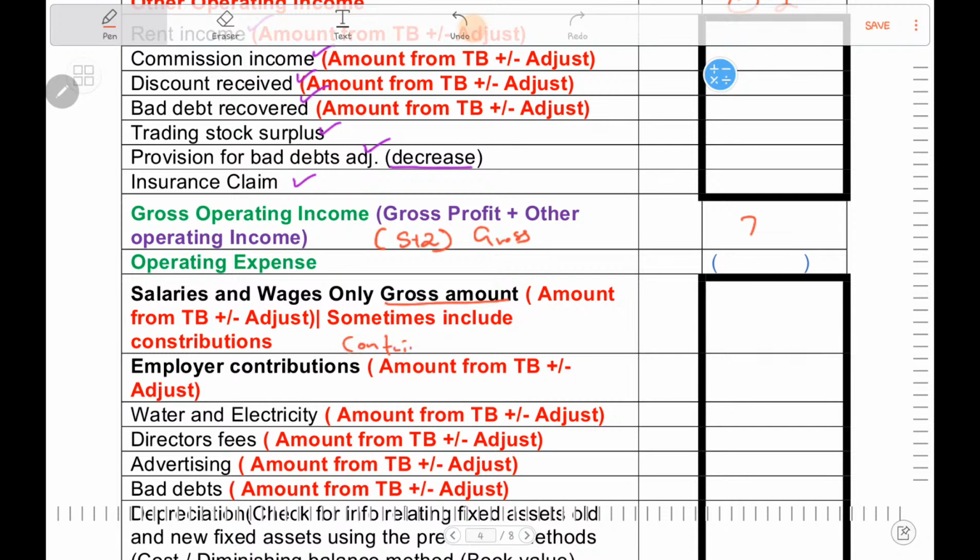In most cases, they like to bring information that says that the salary or wage of a certain employee was omitted from a journal. If we omit a salary from a salaries or wages journal, then that particular employee was never paid, and that will form part of creditors for salaries. Then you're going to add it.